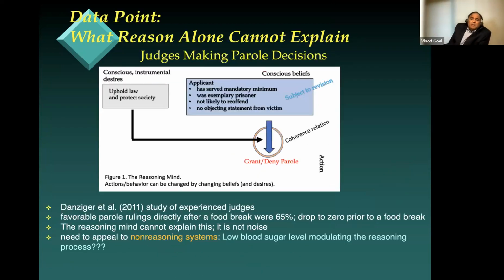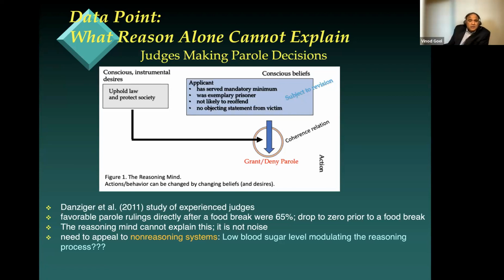Okay, so let me now introduce a data point, again using the parole judge's model. There's a famous study by Danziger et al., 2011, studying the decision-making of these experienced parole judges.